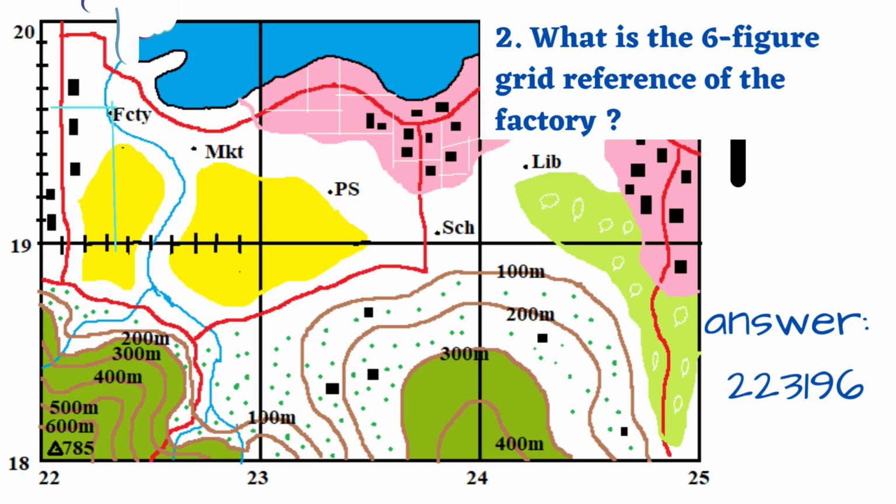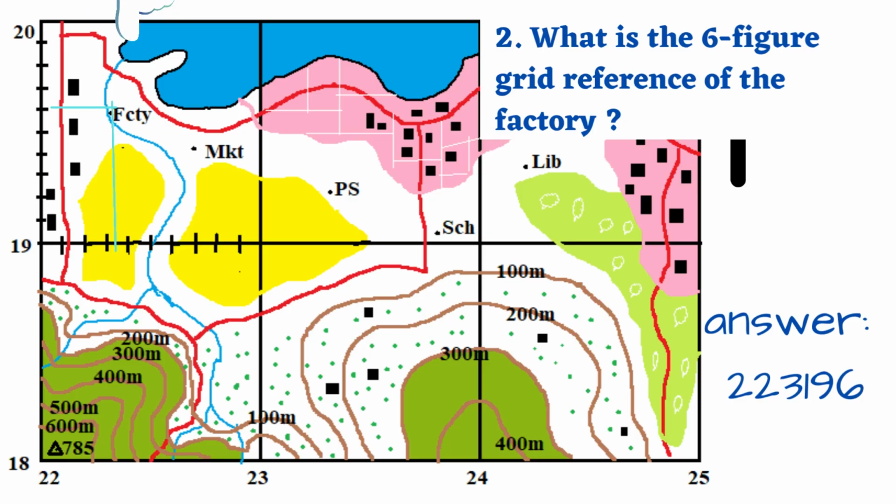And then you're going to move up. So you can just run your finger along the line and move up to the point where the factory is. Notice that the factory is exactly on 6. And so you will write down that 6.